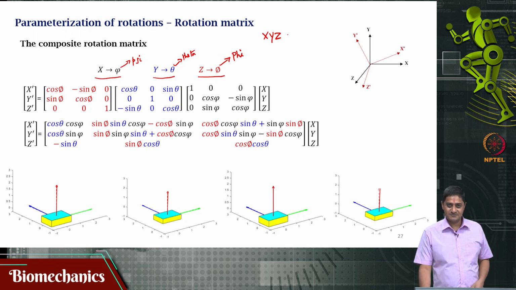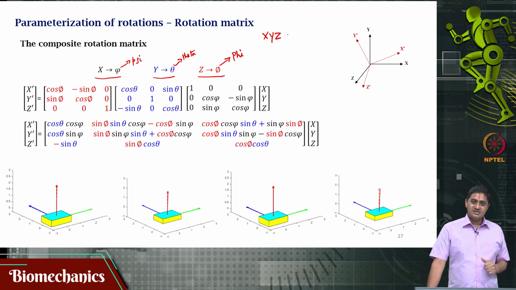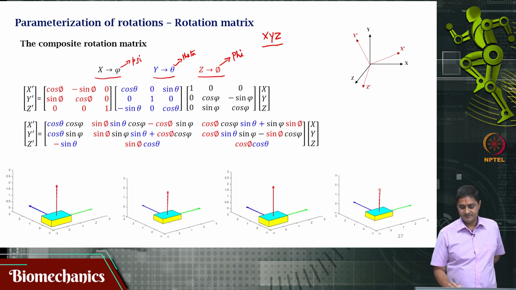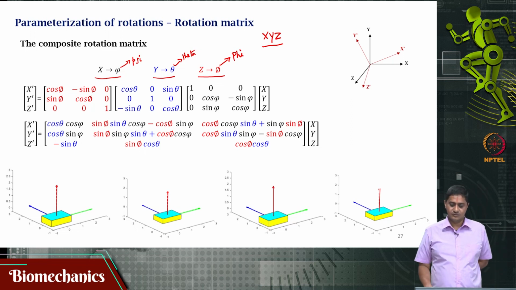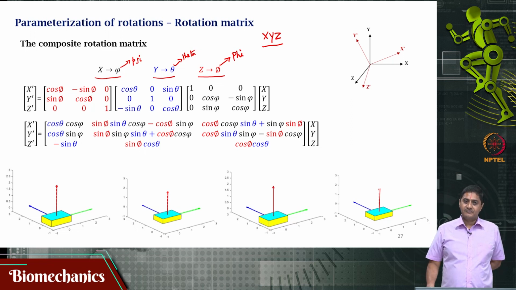This is not what it means. What this means is the considered order for representation is x, y, z. This is the order of representation that is used. This does not necessarily imply, and is almost never the case, that this is the temporal order in which the rotation is happening.